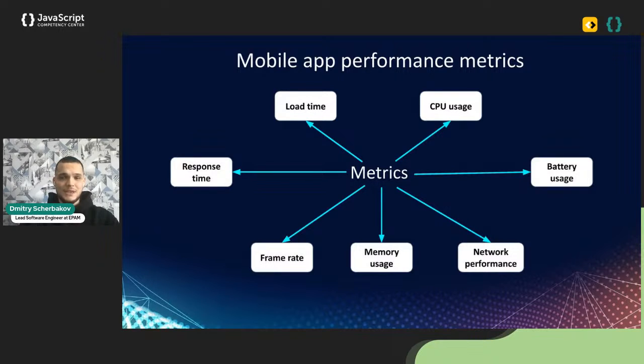So the next thing is CPU usage. CPU usage measures how much of the device's processing power the app is using. This metric is mostly connected with memory usage and battery usage, because when the mobile application takes a lot of memory, your mobile phone starts heating, and it's really frustrating for clients.